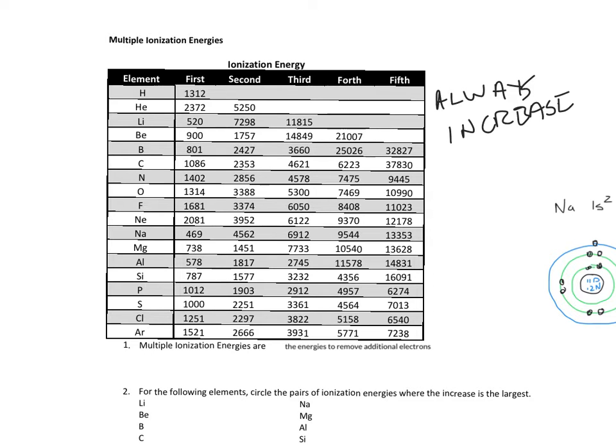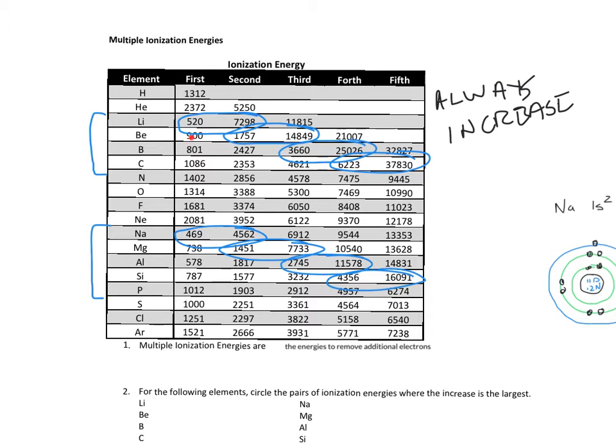And we looked at a pattern here using some of our elements that might become cations. And what we noticed is that where they have a large increase, it makes this kind of stair-step pattern on this chart. So I'm circling between the ionization energies where there's the largest increase in ionization energy. So what we can see is lithium loses its first electron quite easily, but then there's a large cost to removing the second.